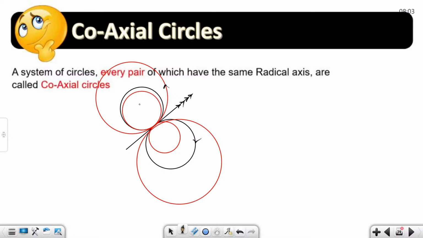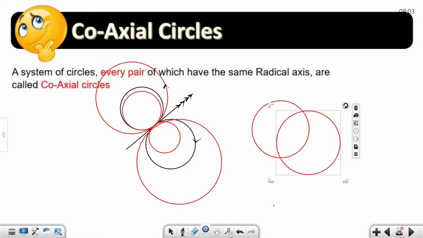Is it clear? Now here I have drawn two circles which are touching each other externally. It may so happen that there are two circles which are intersecting at 2 points. In this case also you observe your radical axis is basically this one.